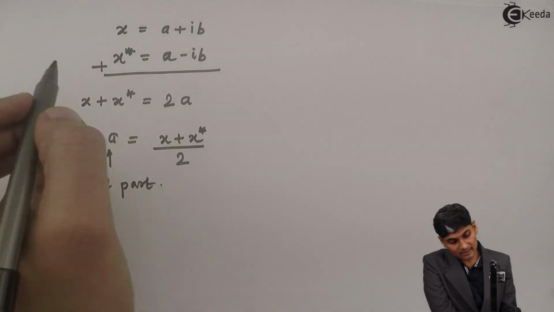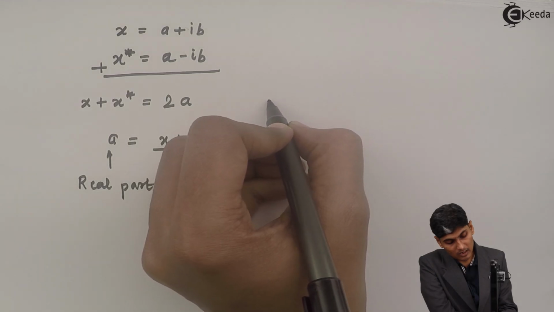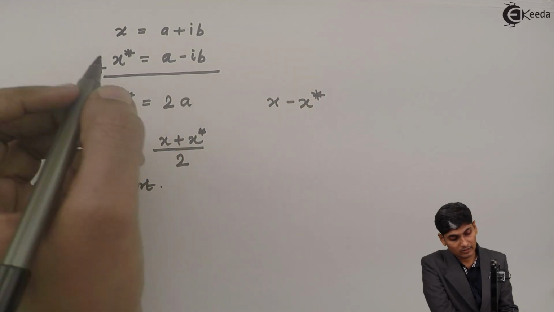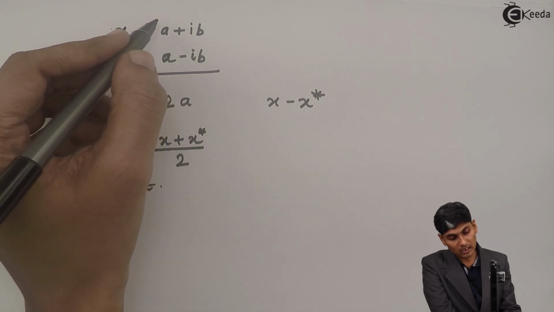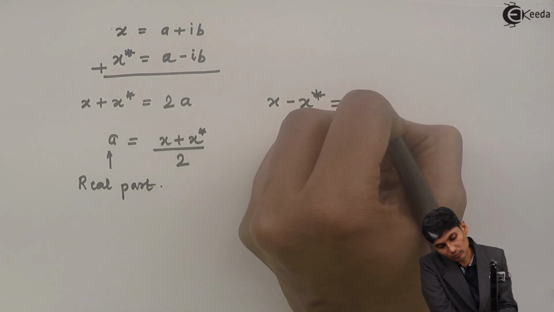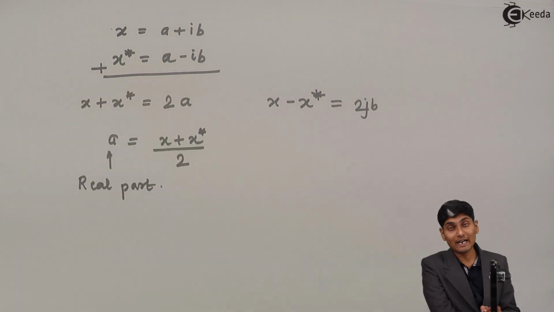Similarly, if I subtract these two numbers, x minus x star, then the a part gets cancelled and I get 2b with the i.